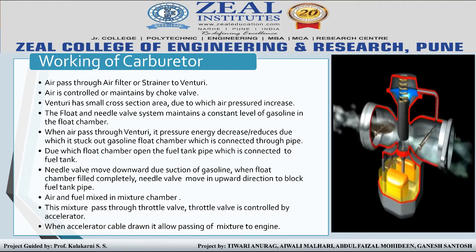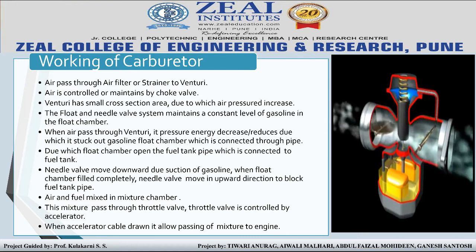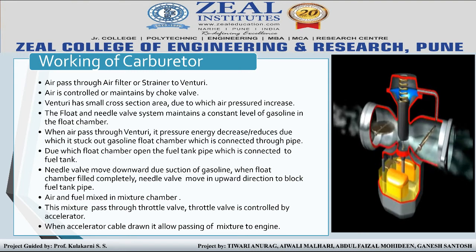Working. Air passes through the air filter or strainer to the venturi. Air is controlled by the choke valve. The venturi has a small cross-section area, due to which air velocity increases. The float and needle valve system maintain a constant level of gasoline in the float chamber.